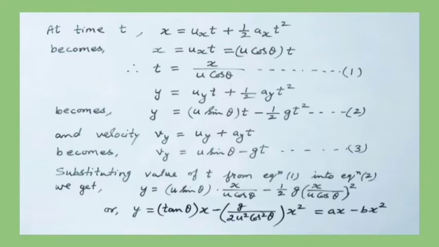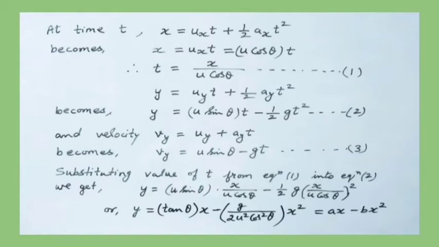Now consider the motion of the projectile along the vertical direction. The vertical component of velocity u sin theta changes uniformly because of acceleration due to gravity g. At time t, the position of the projectile along the y-axis, y = uy × t + ½ ay × t², becomes y = u sin theta × t − ½ g t², equation 2.